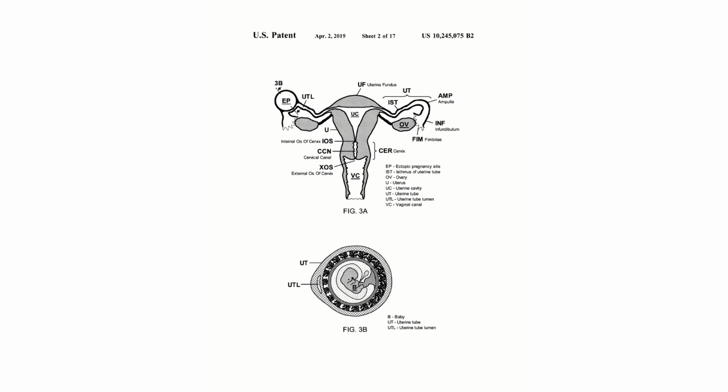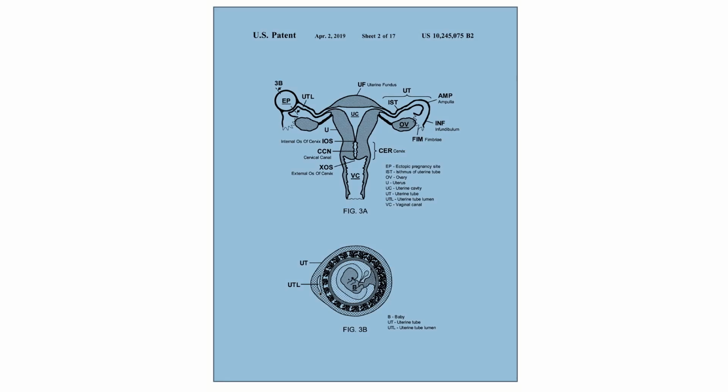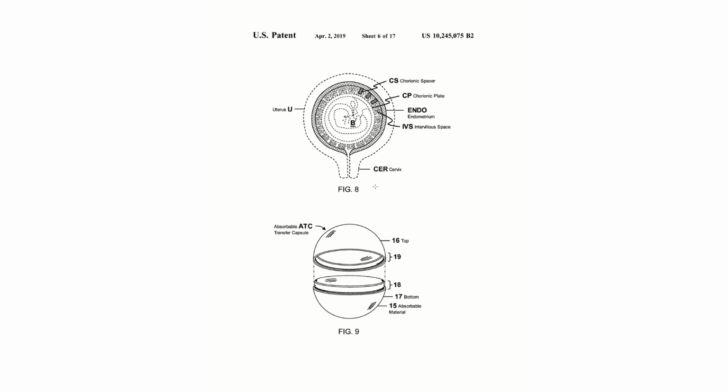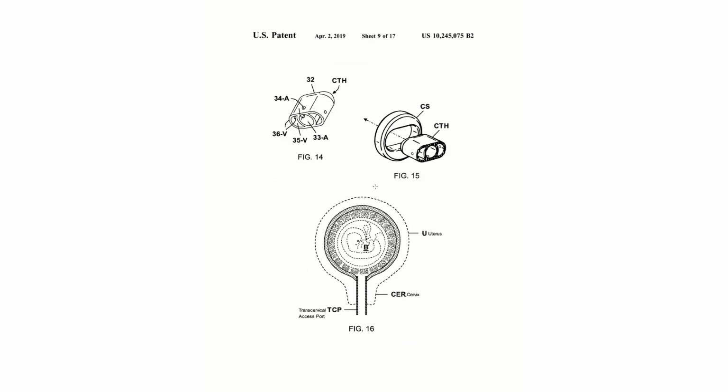Right here, where it says UTL, is the passageway through the fallopian tube, and the baby actually goes through the wall, and burrows in, and then starts growing.